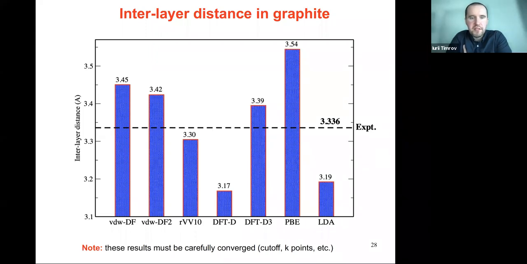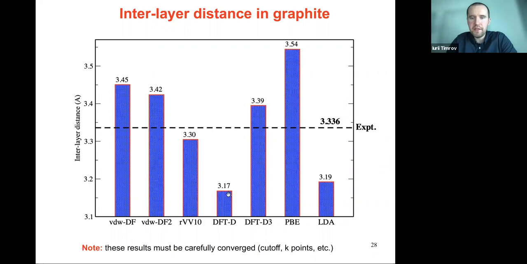For example, we see the first 2 overestimate. The third is rVV10, which Stefano de Gironcoli worked on about 10 years ago, and which is also supported in the phonon code, which we'll discuss tomorrow. It seems to be the closest to the experimental value.